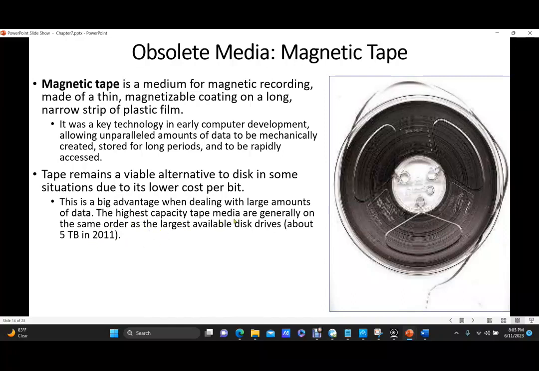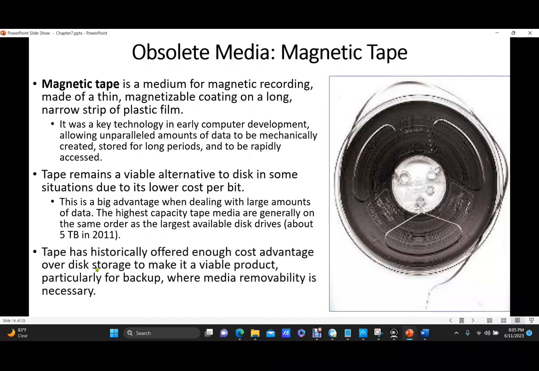The highest capacity tape media are on the same order as the very largest available disk drives, which was on the order of 5 terabytes in 2011. Tape is historically cheap enough, it has a big enough cost advantage over disk storage to make it a viable product for backup, especially where media removability is necessary.